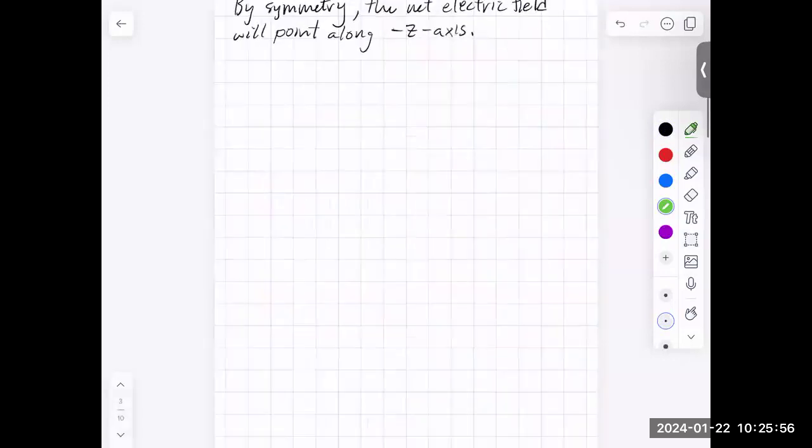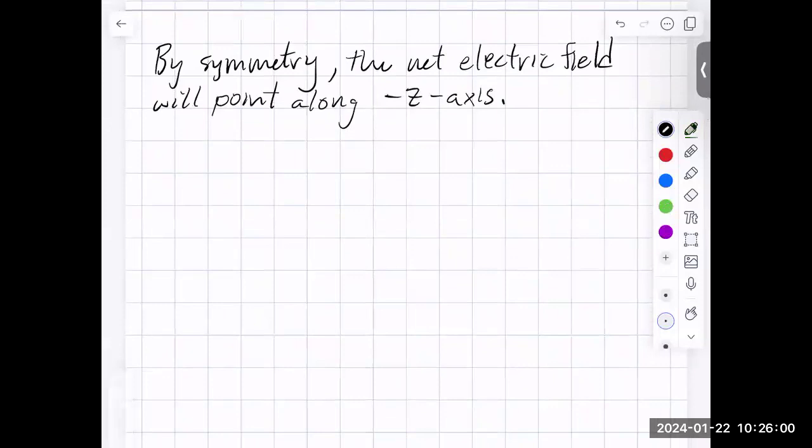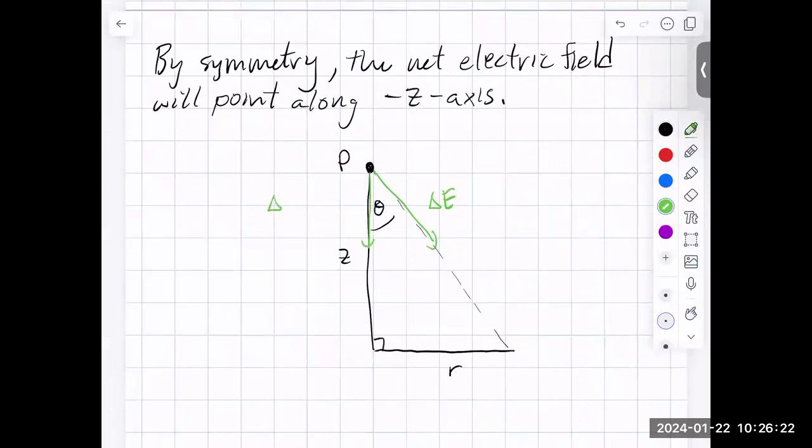So let's draw some of this geometry again. We've got our point P over here. This is our z height, and then we have a radius r, and the hypotenuse of a right angle triangle. This is theta. Here we have delta E, and then here we have delta E cos theta.